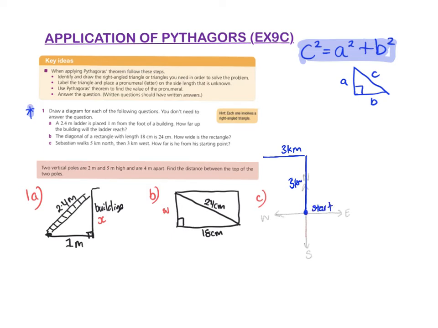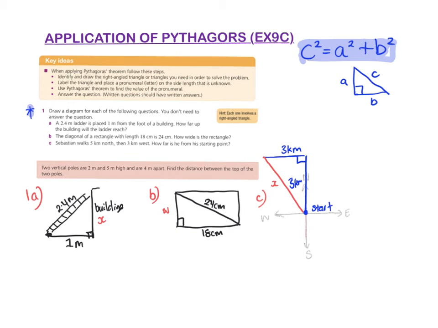It says how far is he from the starting point. If you went straight back to the starting point, that would be the distance, how far he's got to walk. You can see we've set up a right angle triangle in there, so we could use Pythagoras. They actually want to know the hypotenuse. So there's us drawing up those diagrams.